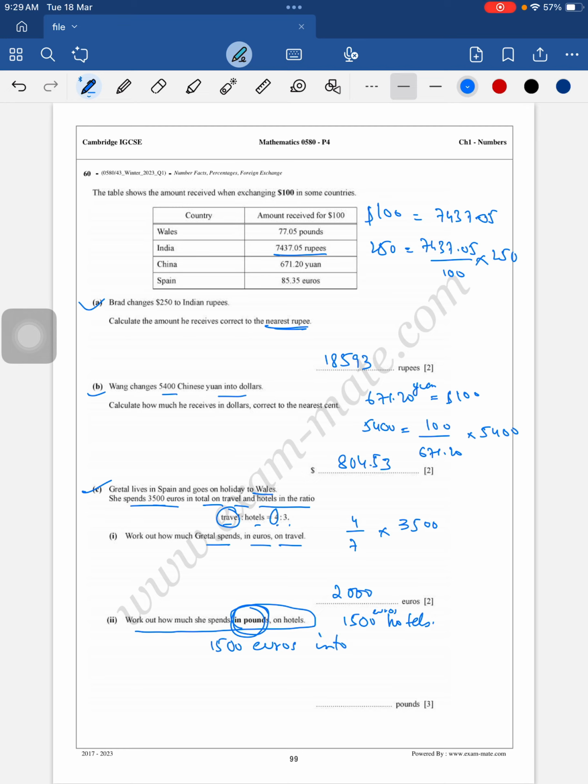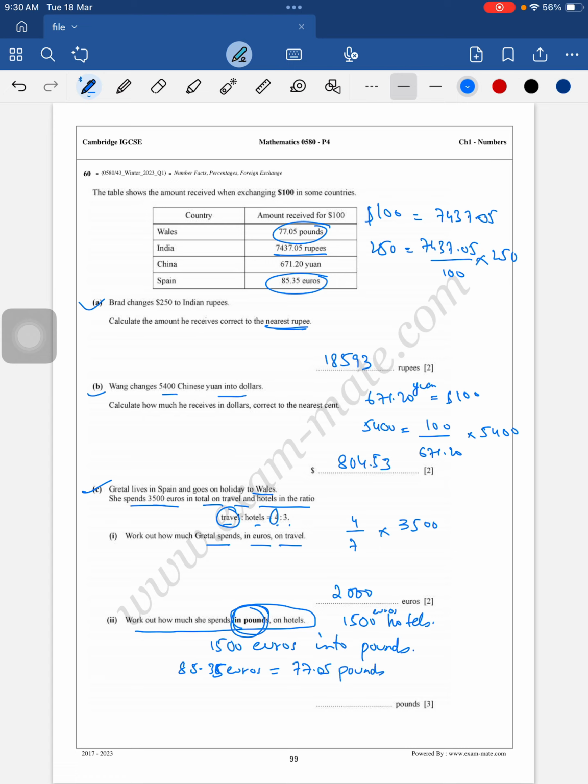Convert 1500 euros into pounds. The relation between euro and pound is 85.35 euro is equal to 77.05 pounds.